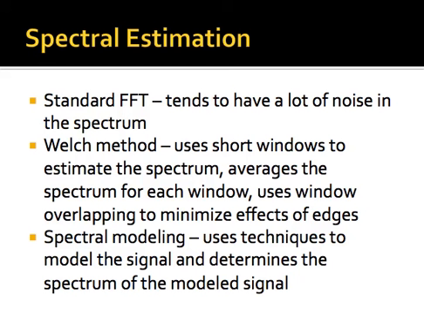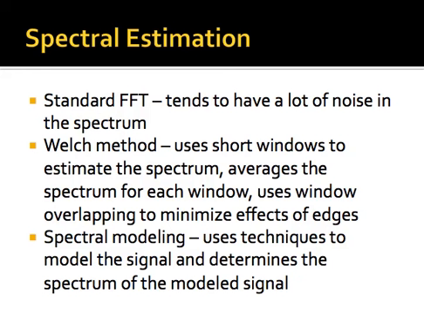The first and most commonly used is called the Welch method. What the Welch method does is, instead of analyzing your entire data set, it takes a limited window of data, calculates the spectrum, and then takes the next window of data, usually with an overlap between windows.